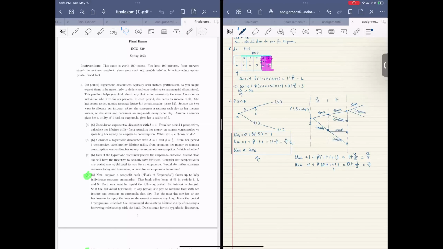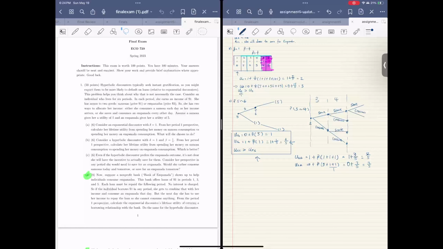Okay, let's look at the question. What's the question exactly asking for? Even if it's not clear, is there an incentive to actually save? Consider her perspective in any period. She would need to save for an empanada. Would she rather consume samosa today and tomorrow, or save for empanada tomorrow? We use backward induction to confirm that in periods 5 and 6, this person actually consumes samosa rather than saving for empanada.